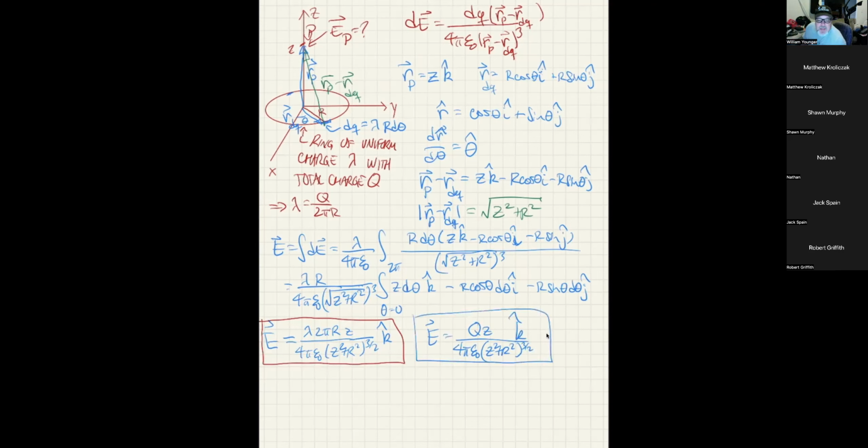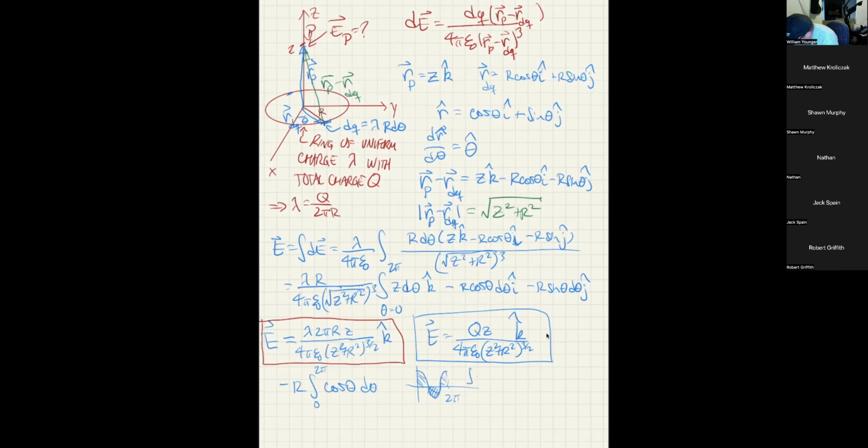Okay. Now, what actually happened in the other case? Well, the other case, the integral of negative R cosine theta d theta from 0 to 2 pi. Well, we know that cosine theta looks like that. And we also know that this area is equal to this area plus this area.